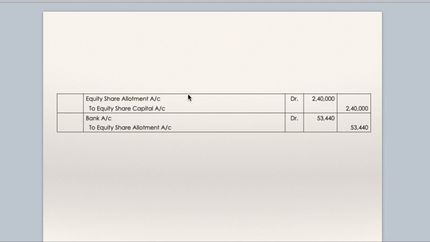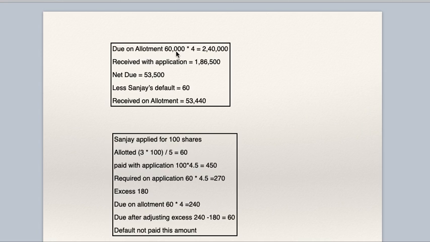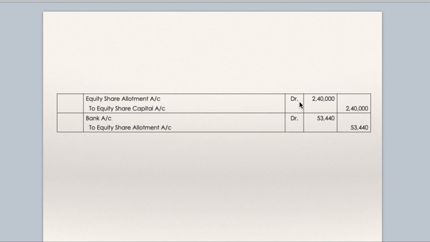Now we'll see allotment entry. Allotment money due 2,40,000 and allotment money received: bank account debit, allotment 53,440. Allotment money due on 60,000 shares at 4, 2,40,000. Equity share allotment to equity share capital.